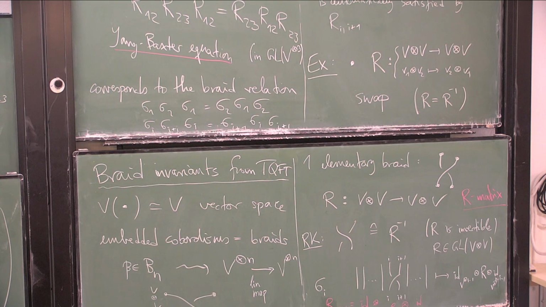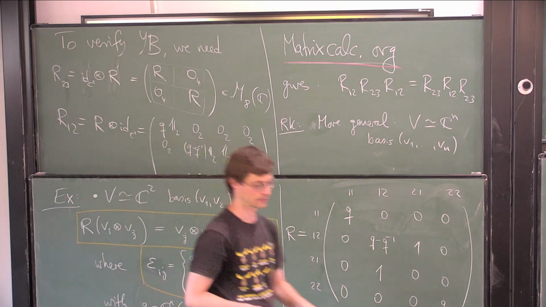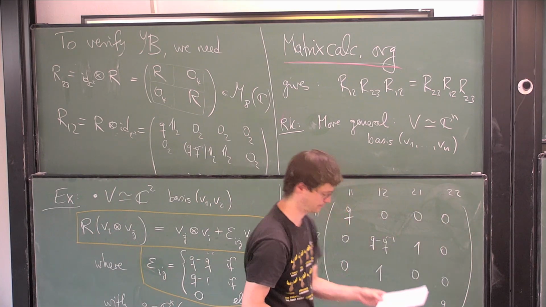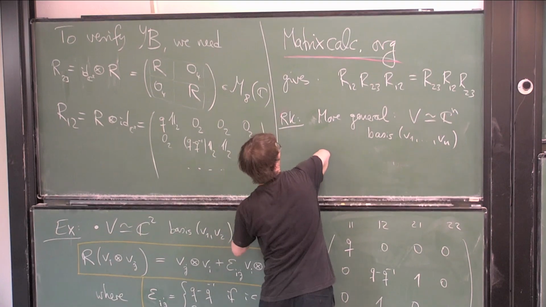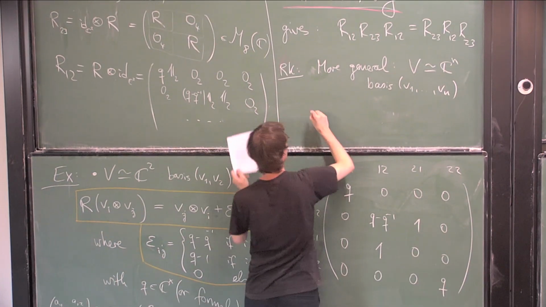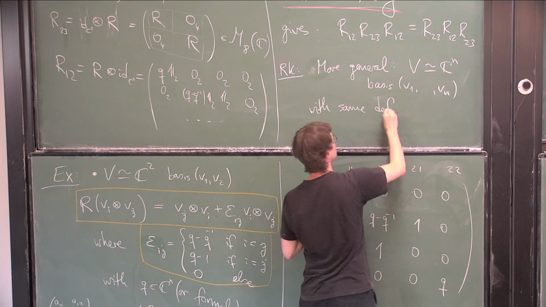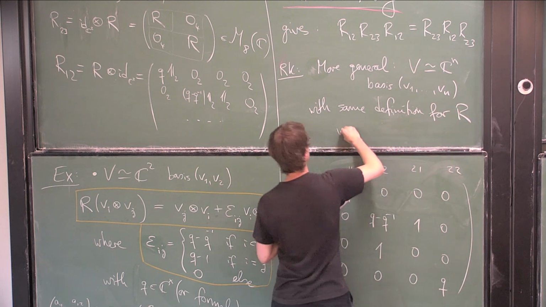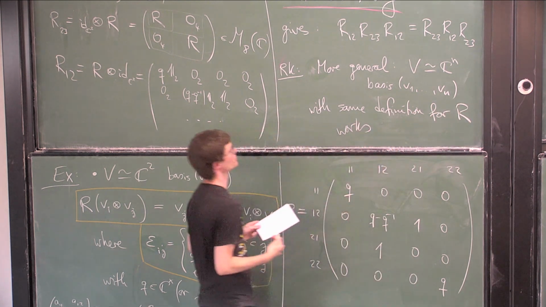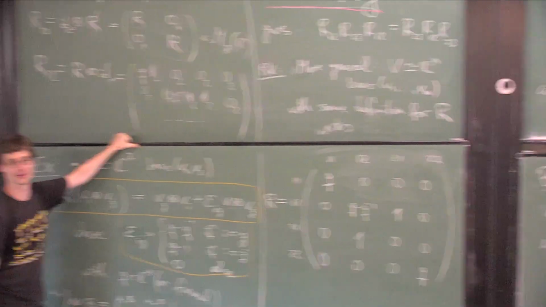In this definition we have not used that it's C2, and this also works more generally, with the same definition for R. Well, this is harder because even mathcalc.org will not work if n equals 100 or something, right?